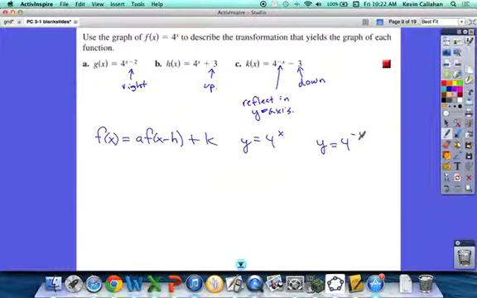That is a reflection in the y-axis, but that's also the difference between growth and decay. One of them goes like this, and the other one is a reflection in the y-axis. It goes like that. Growth and decay: one is just a reflection across the y-axis of the other.